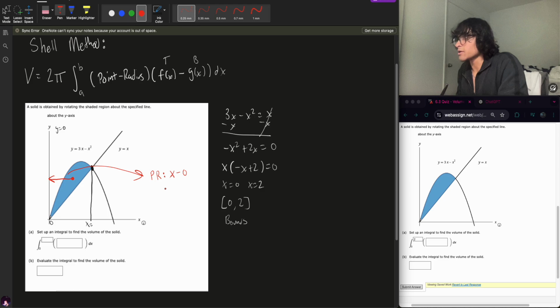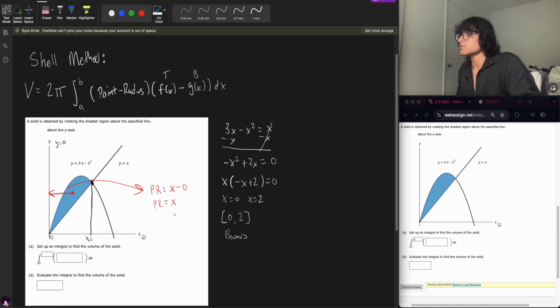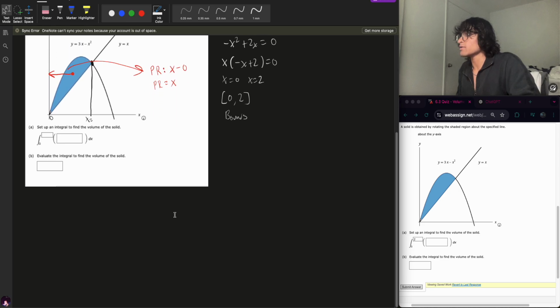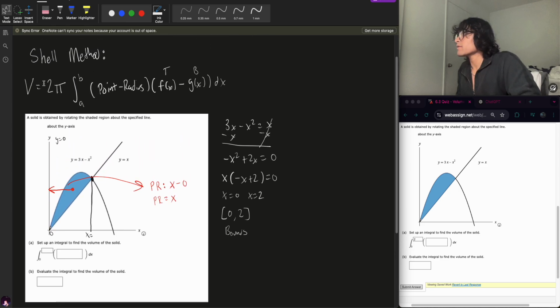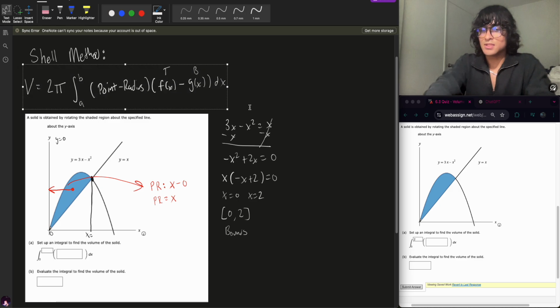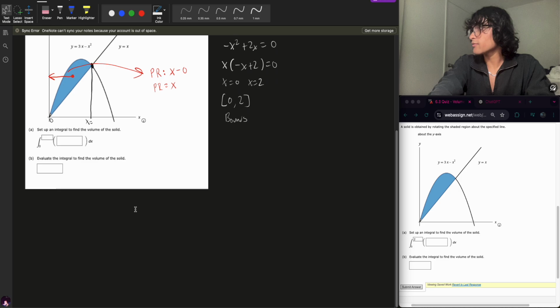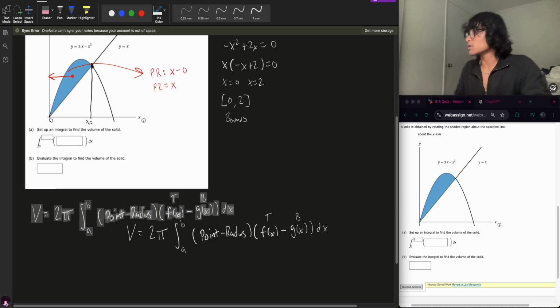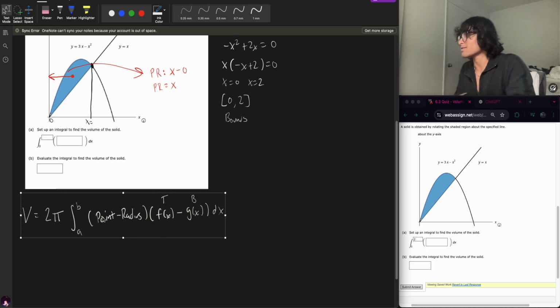And x minus 0 is, well, x. So our point radius is going to be x in this equation. So we're going to move down here, and for the easiness, if that's even a word, we're just going to copy and paste this formula down here.